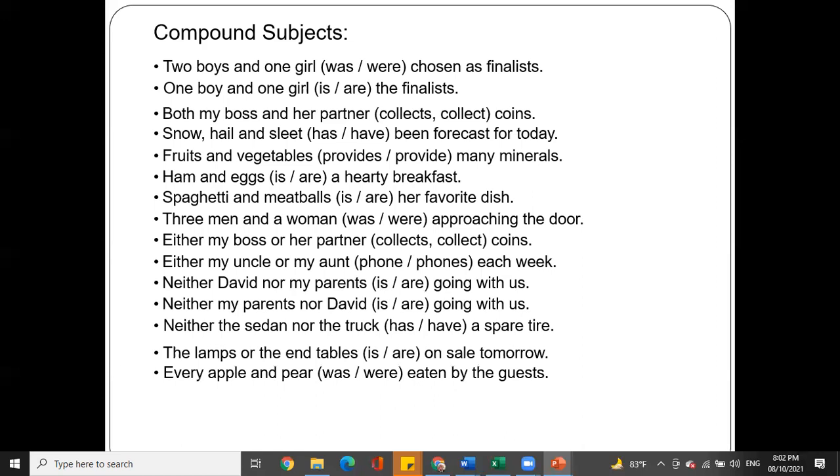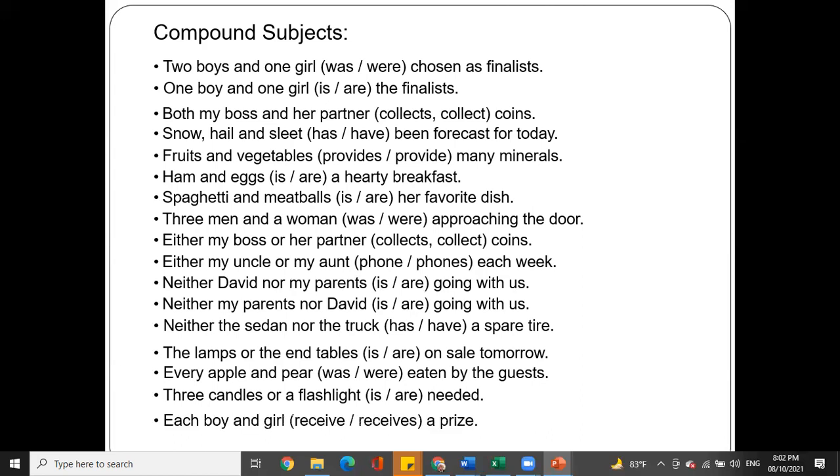Every apple and pear was eaten by the guest. Three candles or a flashlight are needed. The subject closest to the verb is needed. Each boy and girl receives a prize.